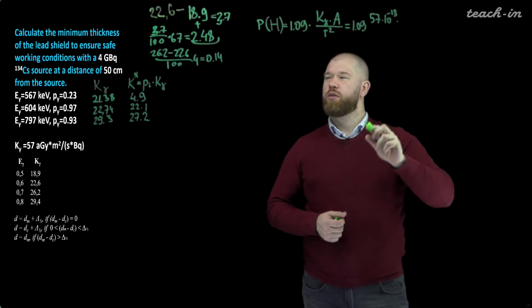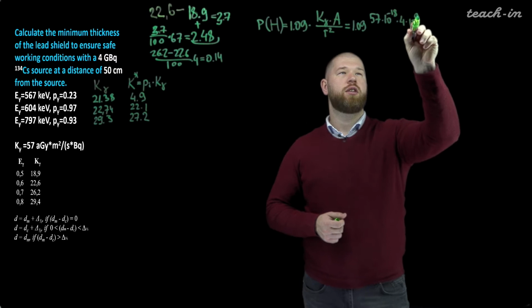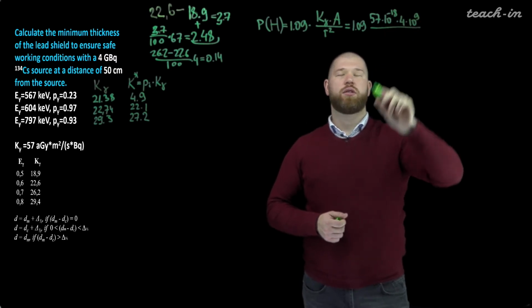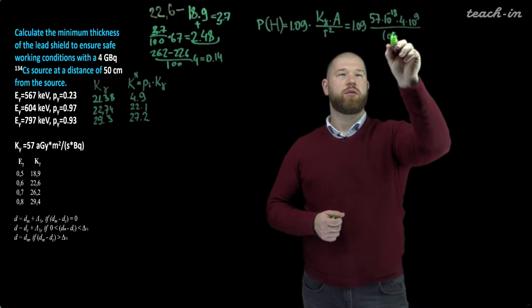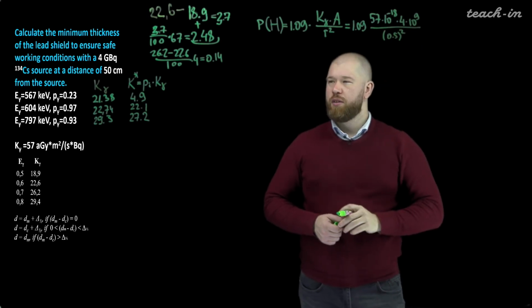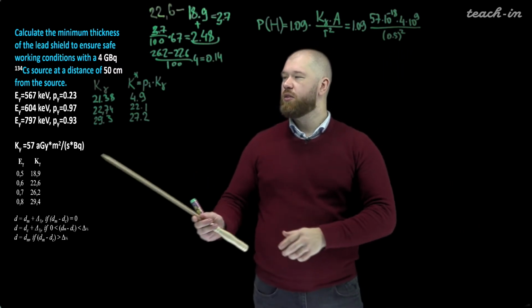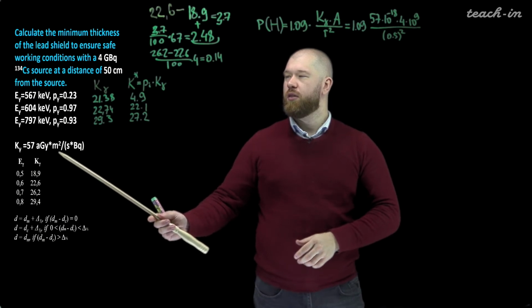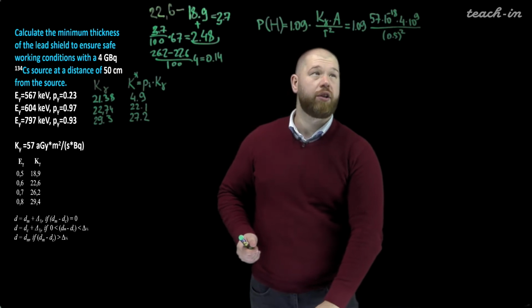So we convert 4 gigabecquerels into becquerels, so it is 4 times 10 to 9. And we divide it by the square distance in meters, because here we have this unit in meters, and thus we have to recalculate it.